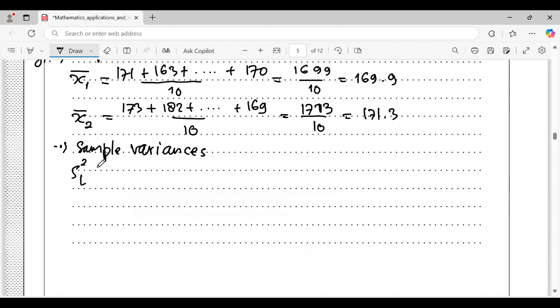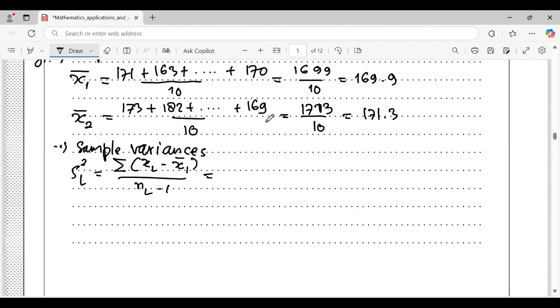For L variance, the formula is sigma of X L minus the mean, squared, divided by N L minus 1, which means 9.